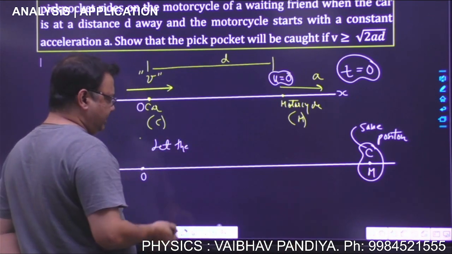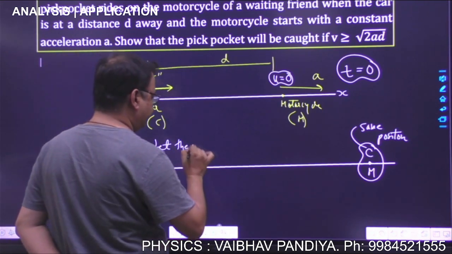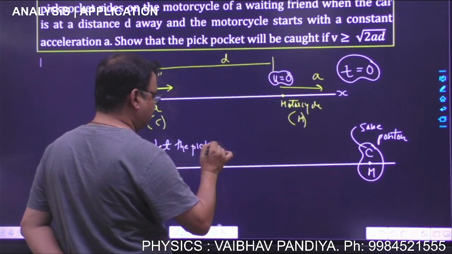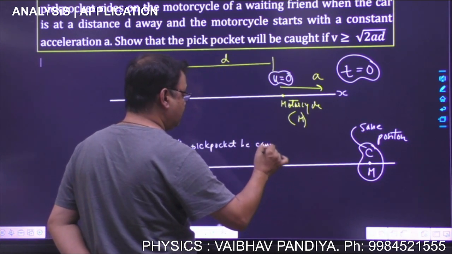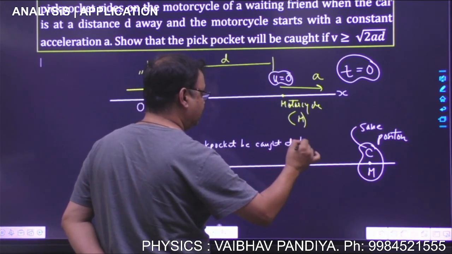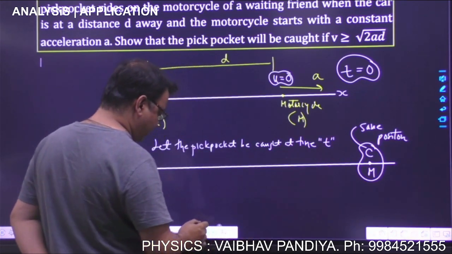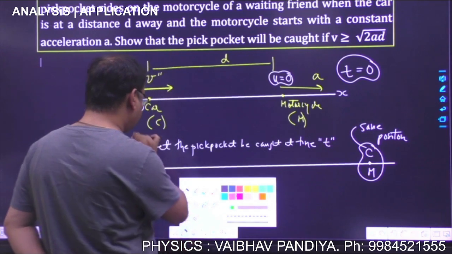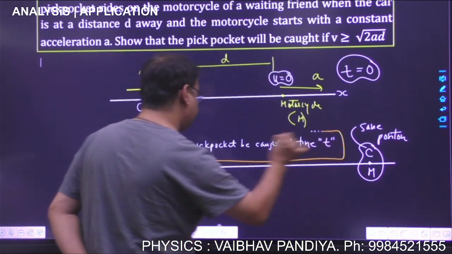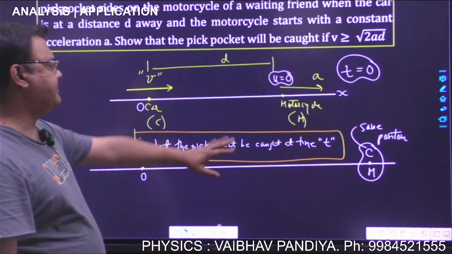We are assuming that he is caught at time t, and we will see what the consequence will be. Let the pickpocket be caught at time t. It means when the pickpocket is caught, your stopwatch would be indicating a time t, correct?